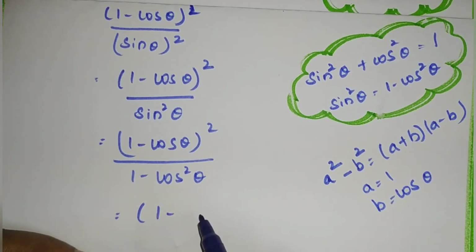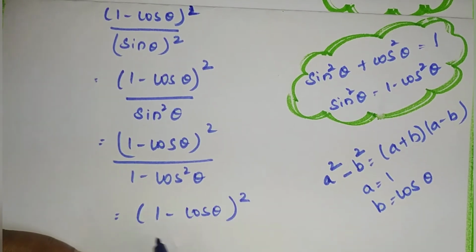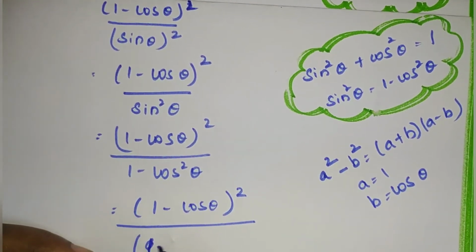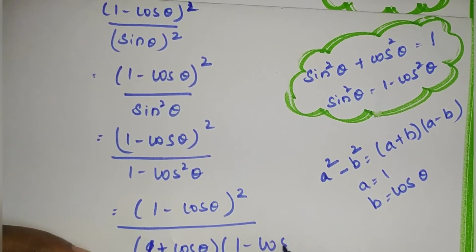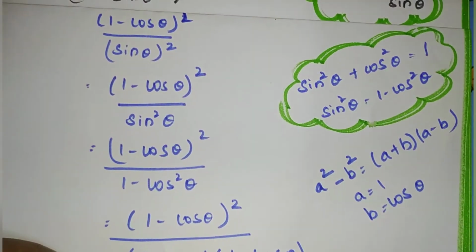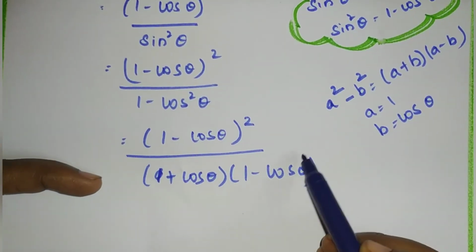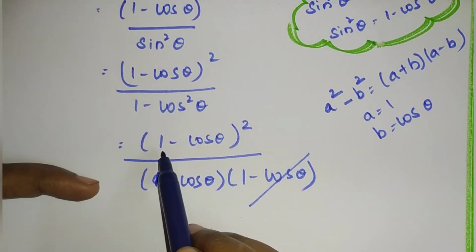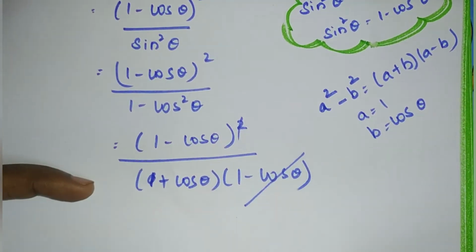1 minus cos theta the whole square divided by 1 plus cos theta, then 1 minus cos theta. That is a square minus b square. Clear? So we can cancel 1 minus cos theta in the numerator and here 1 minus cos theta, because we have the square in the numerator. So we can cancel one.